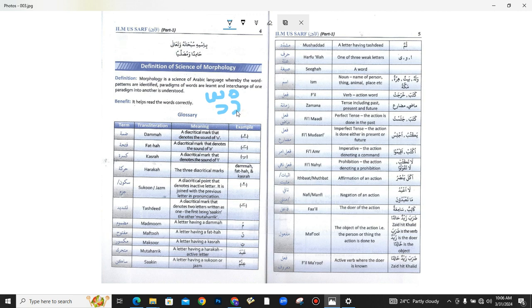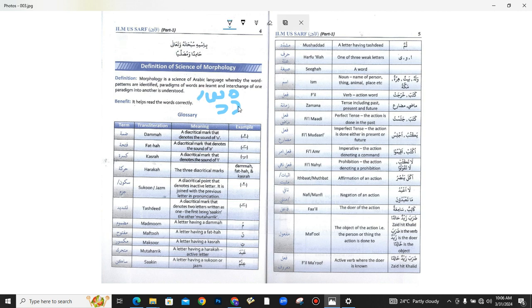I mean, where there are two letters, in tashdeed I'm talking about a letter where tashdeed is written above it, the first one must be sakin and the other one must have a haraka, like fatha.